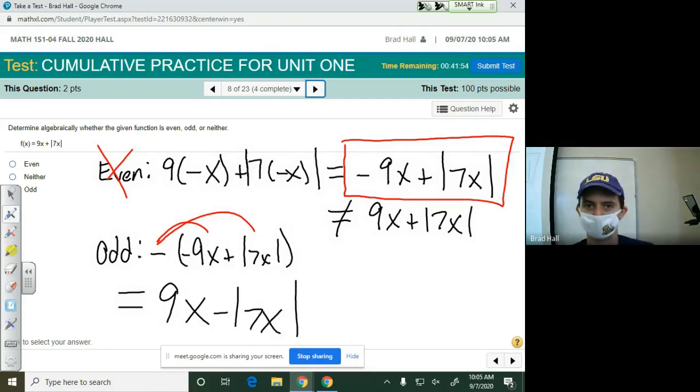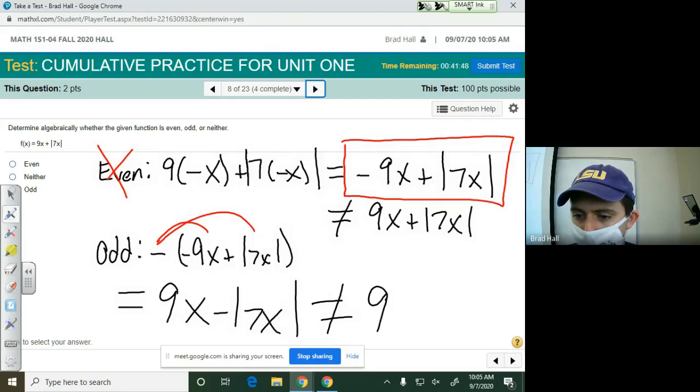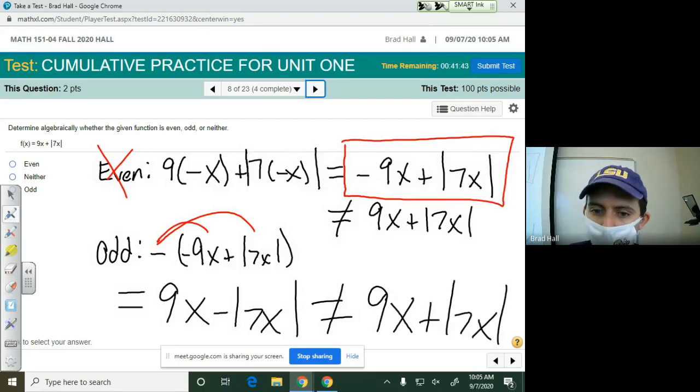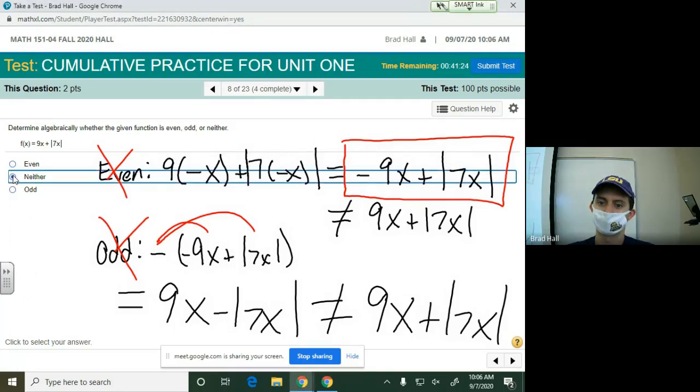And now is this equal to the original? It is not. Of course, now there's a minus sign in front of the absolute value bars, which should not be there for this to be odd. So naturally, it's not even, it's not odd, it's neither.